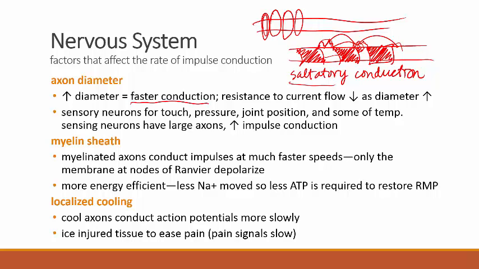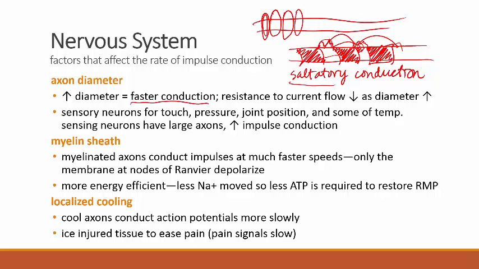It's because electrical resistance decreases as diameter increases. Many of the sensory neurons, including touch, pressure, proprioceptors or joint position sensory neurons, and even some of the temperature sensing neurons, all have really large axons, and this helps to speed the conduction of the nerve impulse.